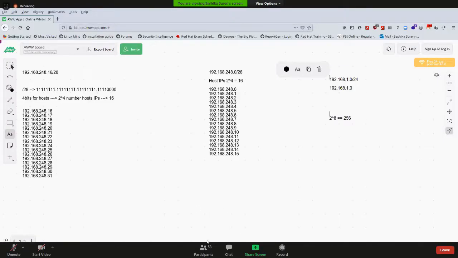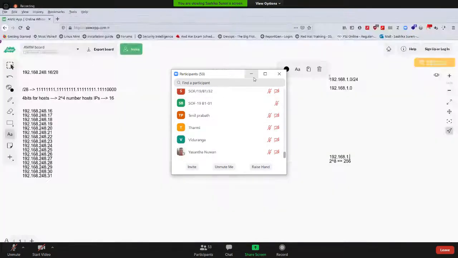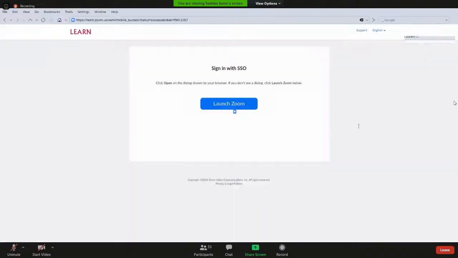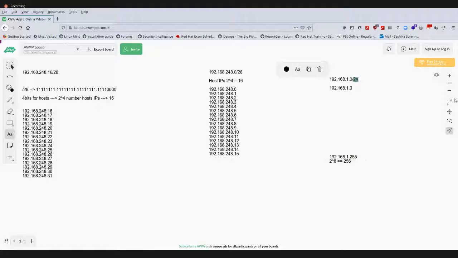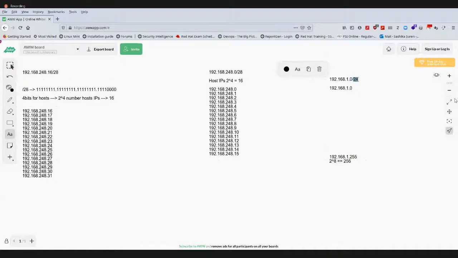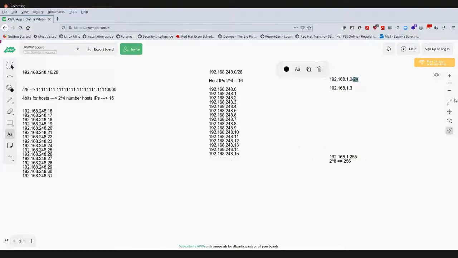The last IP address here is 192.168.1.255. Here it is a /24 network, which means the first 24 bits are assigned for the network and the last 8 bits for the host.